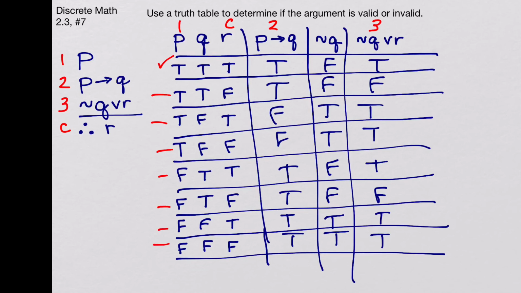And so there is no case where the premises are all true and the conclusion is false, which means that this argument is valid.